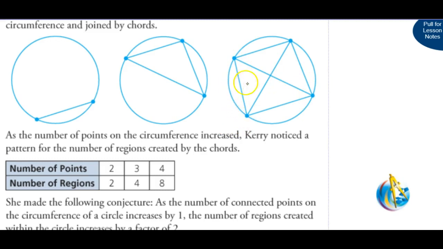Okay, and it makes 1, 2, 3, 4, 5, 6, 7, 8 regions. Okay, does anybody notice the pattern that's happening? Doubling, yeah. The number of regions are doubling. So, because it's going from 2, 4, 8, the next one should be 16.